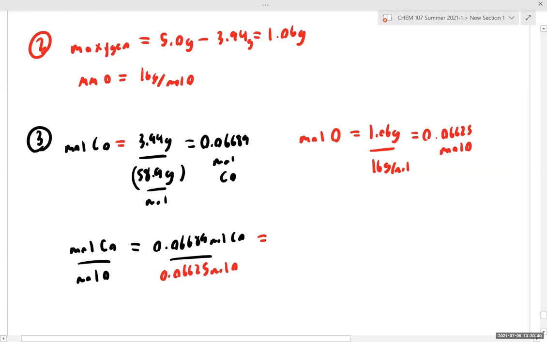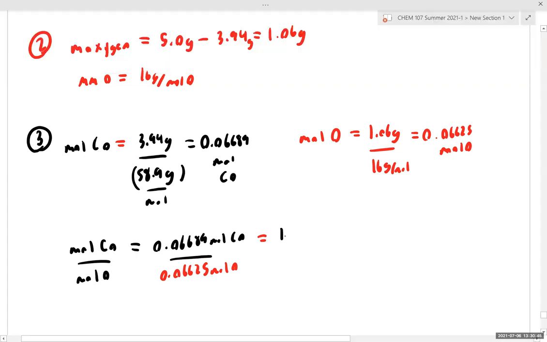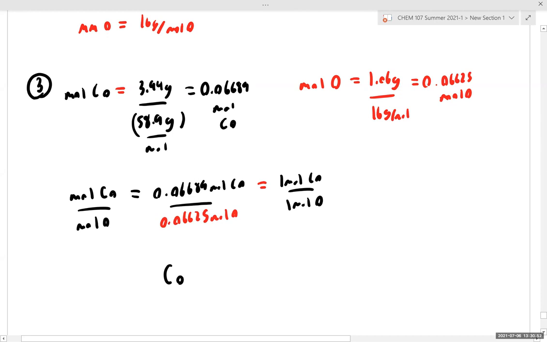And that gives us a 1-to-1 ratio where we have 1 mole of cobalt for every 1 mole of oxygen. So our empirical formula would be CoO, cobalt oxide.